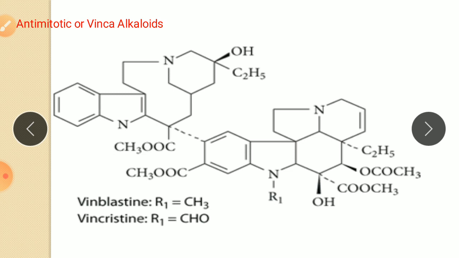This mitotic spindle is composed of microtubules, and this microtubule is made up of alpha tubulin and beta tubulin. As a part of the mitotic process, the length of microtubule will change because of polymerization and depolymerization of associated tubulin.